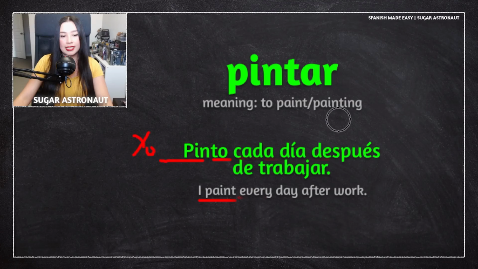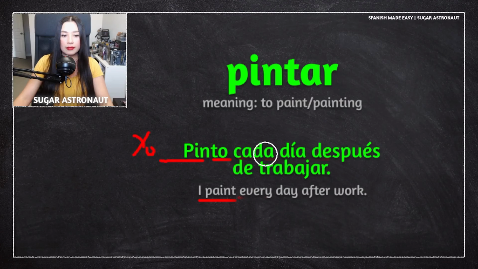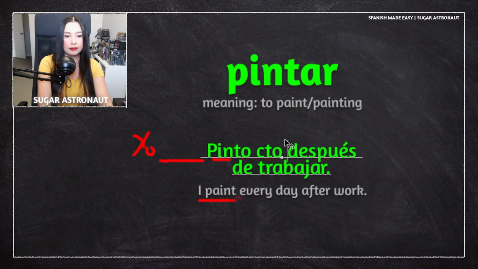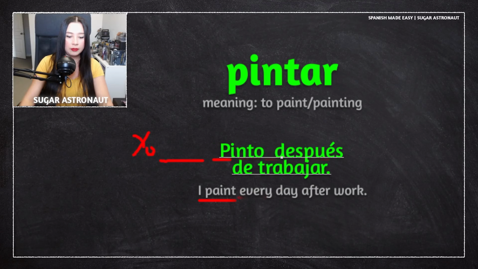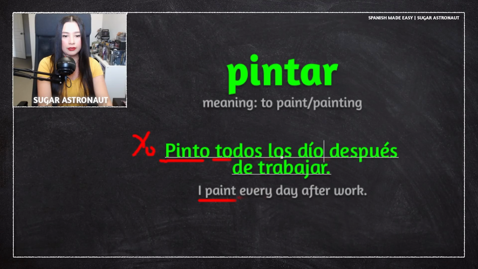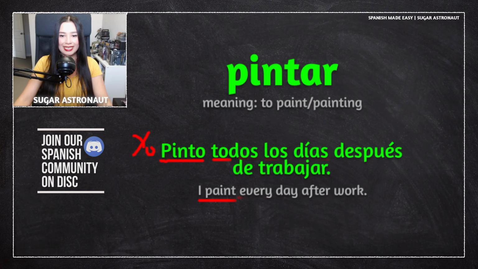So you can say cada día, pinto cada día después de trabajar. That's correct. Or you can say pinto todos los días, which is pretty much the same thing. It's just a different way to say the same thing.